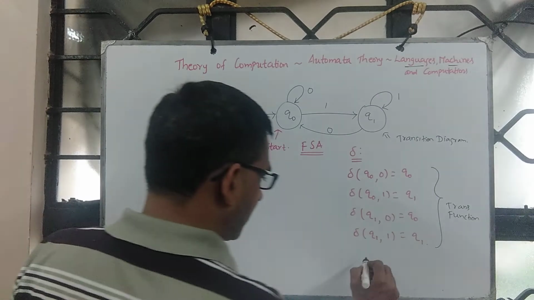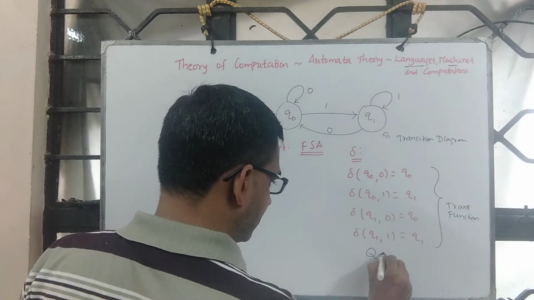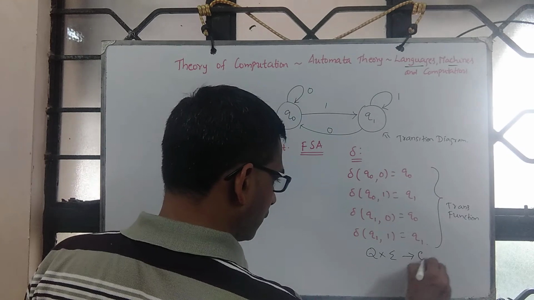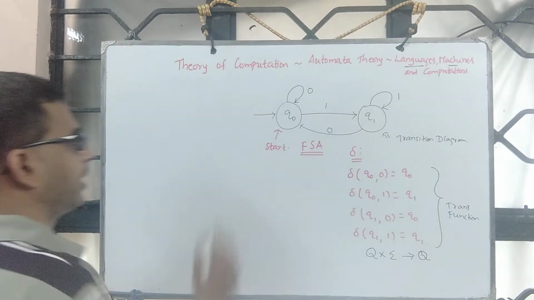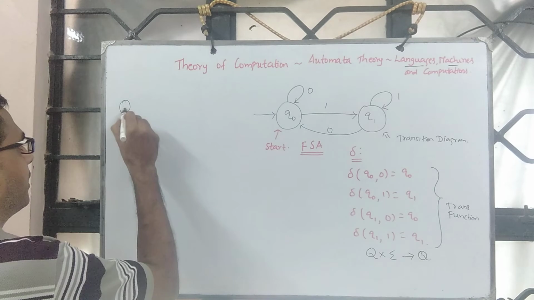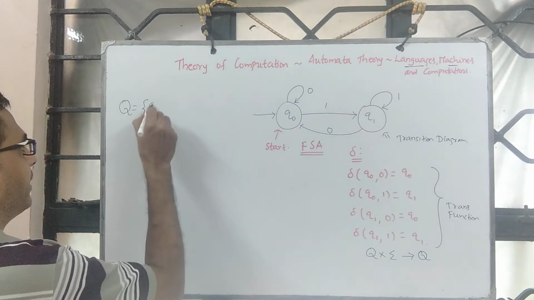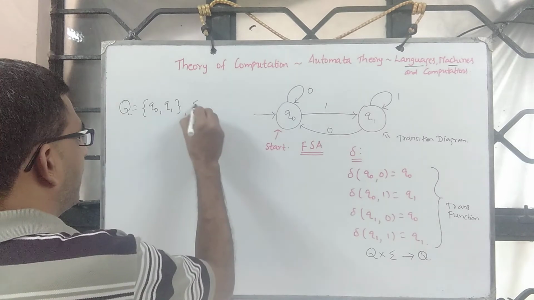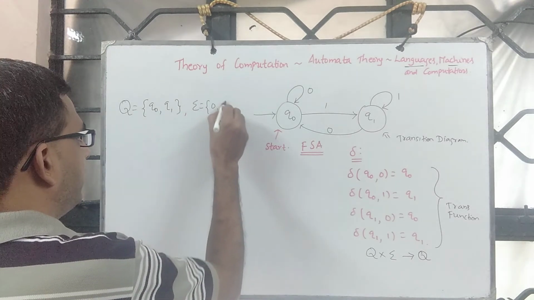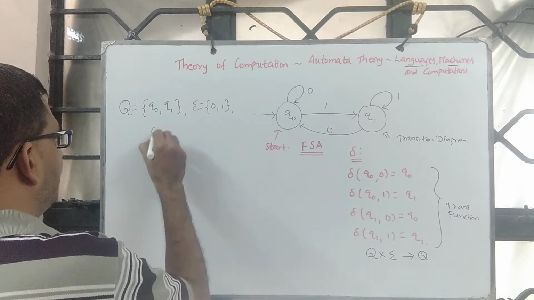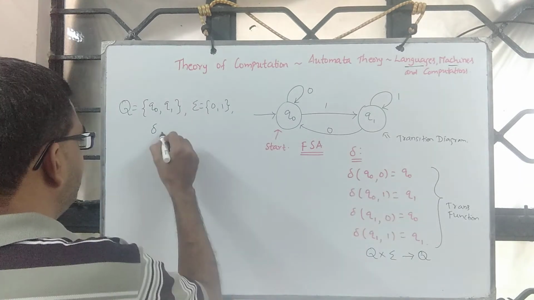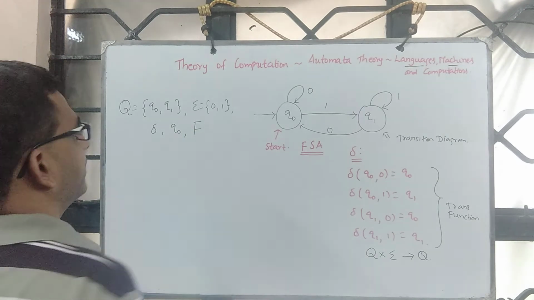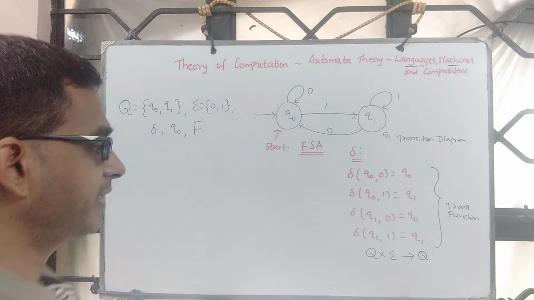Note that the transition function is a map or a function from Q cross sigma to Q. And for this machine, it is a 5-tuple where capital Q is this and sigma is 0 comma 1. Then we have described the transition function. Then we have Q naught. Then I said there is something called the set of final states.